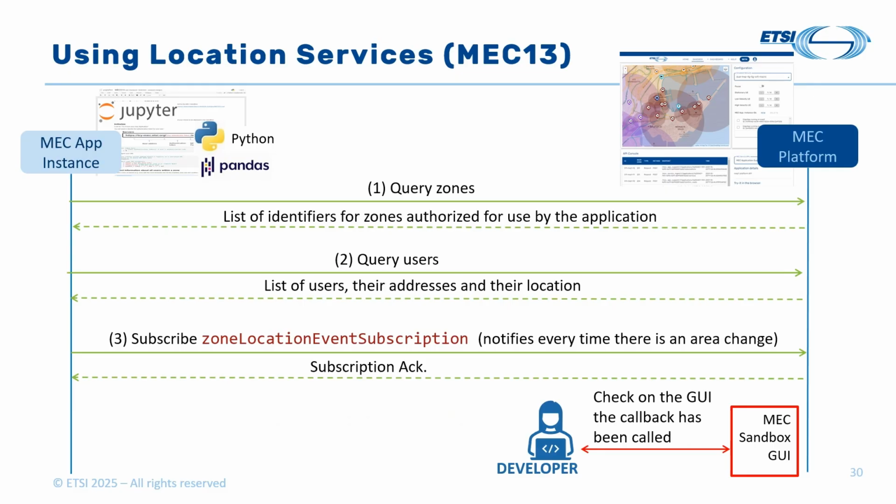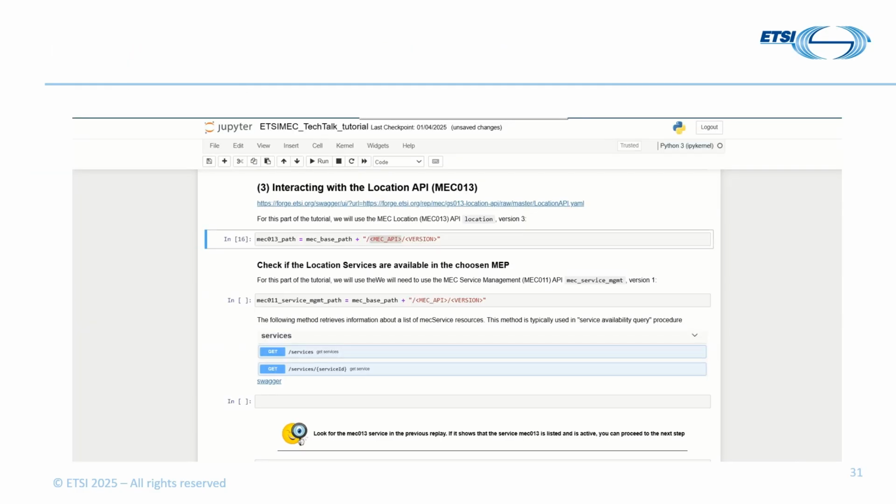We'll now use the location services to retrieve information on which users are nearby and their position. Then we will subscribe to the zone location event subscription that will notify me every time a user enters the zone. We will now interact with the location API.